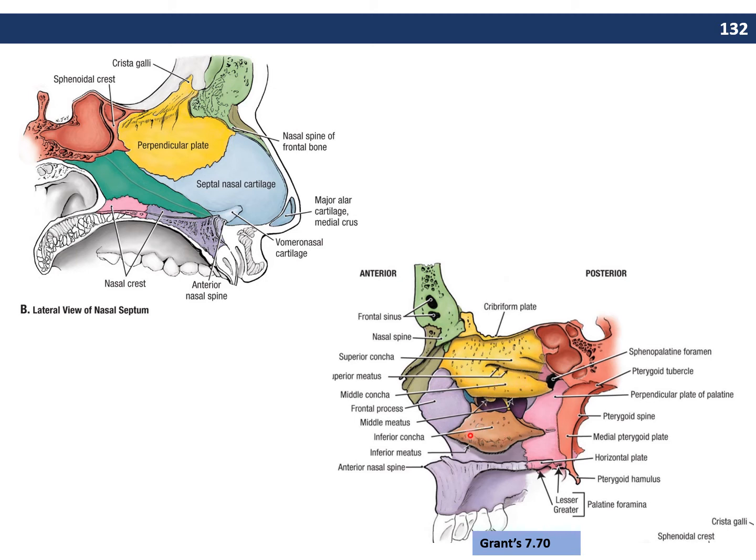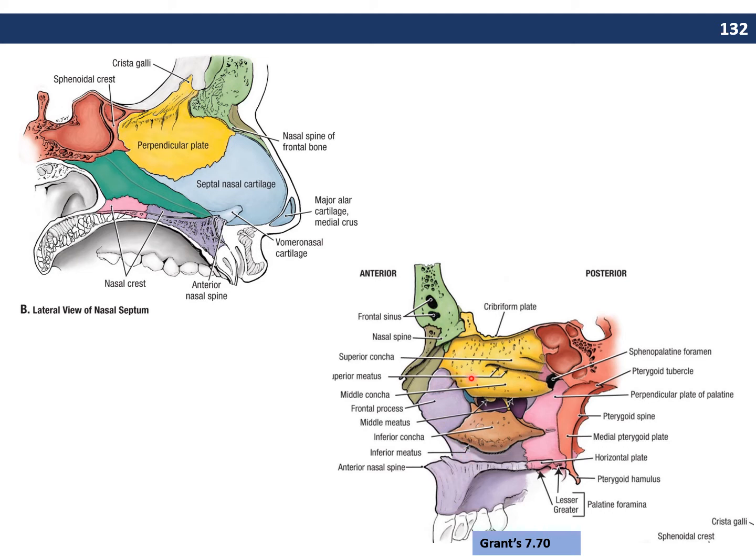The inferior concha is its own bone, and then you also see the pterygoid hamulus, portions of the palatine bone. So here's the pterygoid, medial pterygoid plate, the palatine bone, the maxilla shown here in purple.